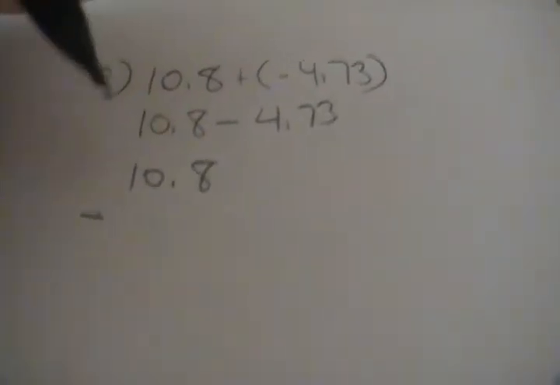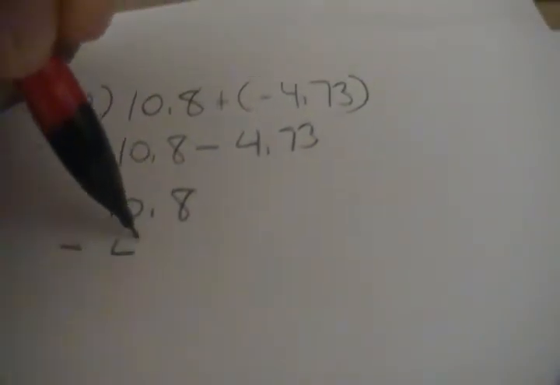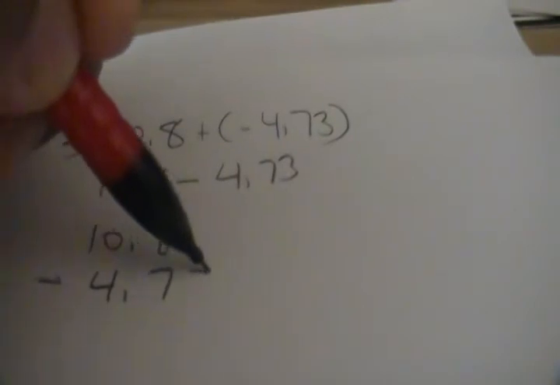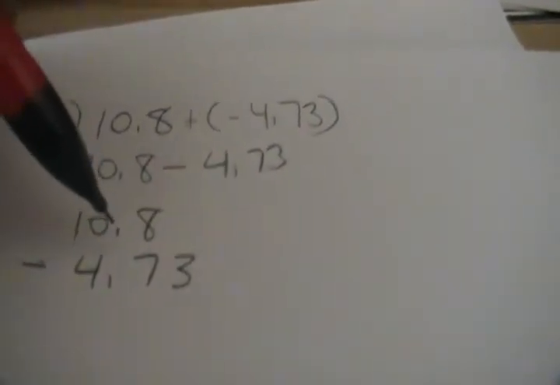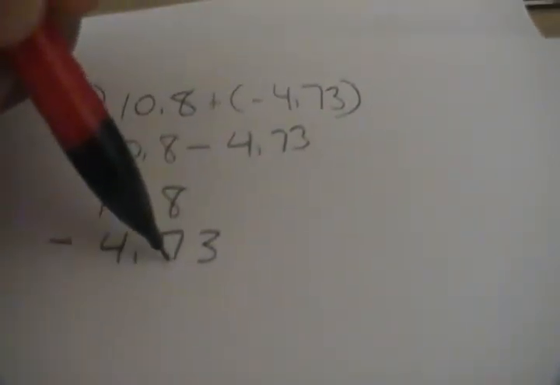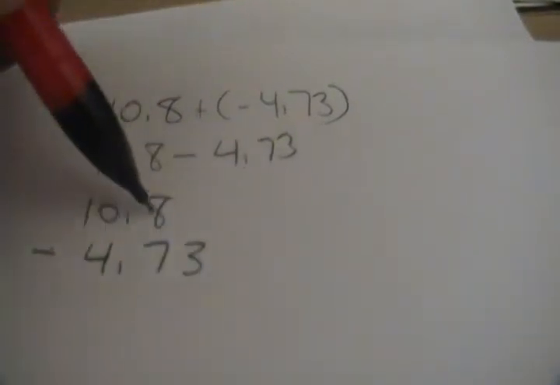Okay, so now let's subtract the decimals. So we have 10.8 minus 4.73. If you notice, this decimal number goes to the hundredths place, this only goes to the tenths.